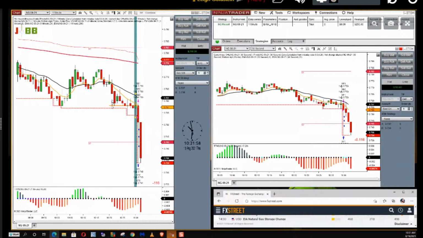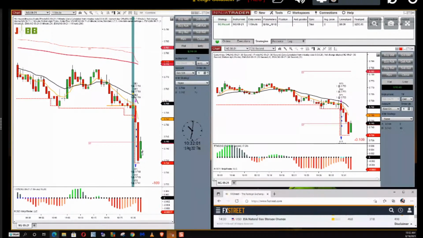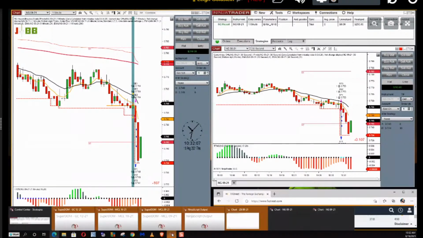It drove the price down, but my guess is that you can't see with the naked eye all the moves that natural gas makes.